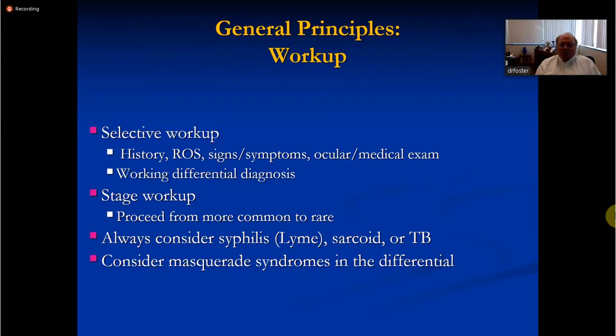So we work our patients up carefully, being guided extremely by the History and Review of Systems questionnaire. One should always use a questionnaire that keeps you from overlooking things that one would want to be asking questions about. Signs and symptoms, ocular and medical examination are crucial.